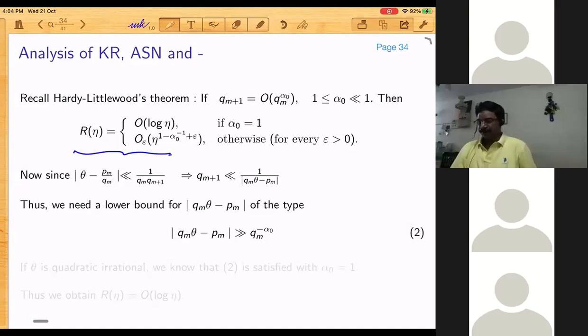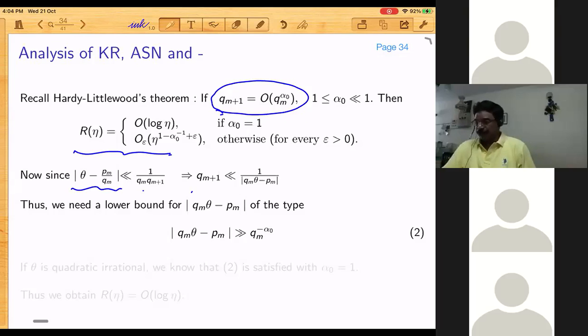Now take any convergent Pm by Qm to theta. Then this is bounded by 1 by Qm times Qm plus 1. These are properties of convergents. Therefore, this implies that Qm plus 1 is less than 1 by Qm theta minus Pm.